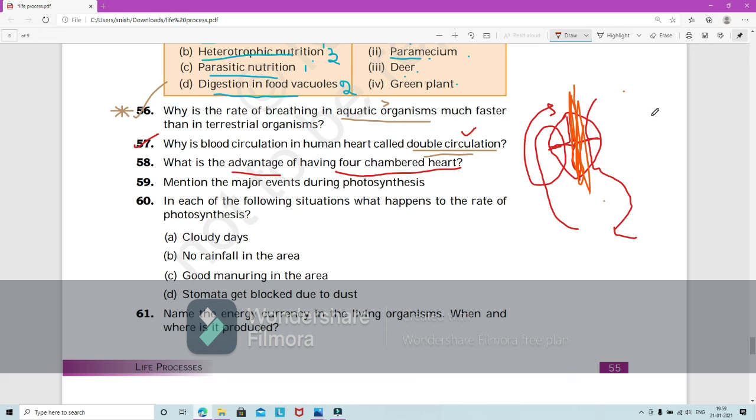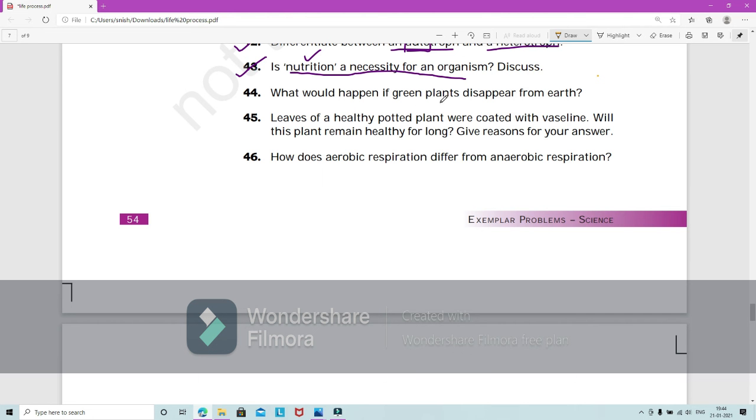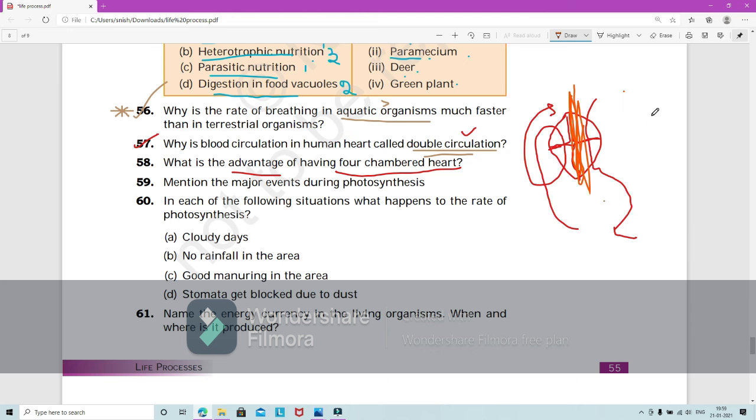And what is the point of differentiating the oxygenated and the deoxygenated blood? There's a question about that also. The point is that human beings are warm-blooded animals. We don't depend on the surroundings for the temperature of our body. If we go to some cold region, and if we were cold-blooded animals, then our body would automatically get cold and the temperature would reduce drastically.